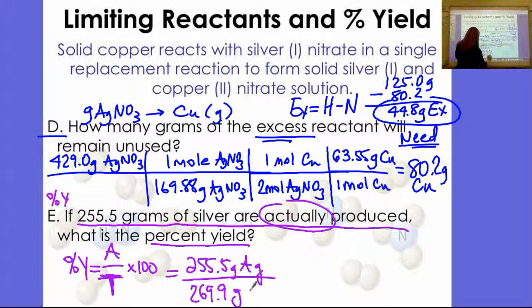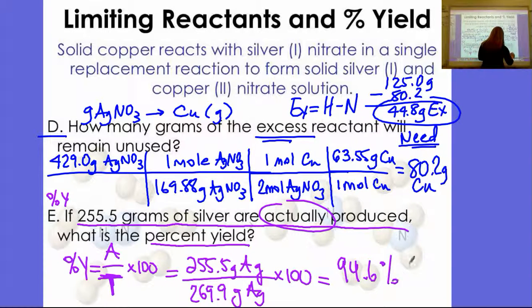I did okay. Not quite 100%. Dividing those, multiply by 100 to change it into percent, I did pretty good. I got 94.6%. I got an A. I didn't spill too much. It's a pretty good percent yield.